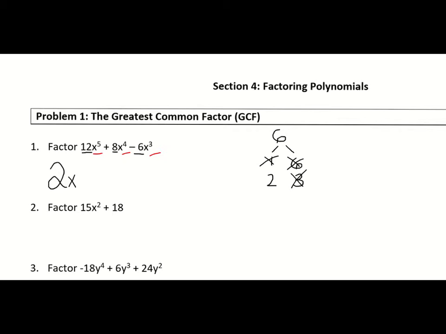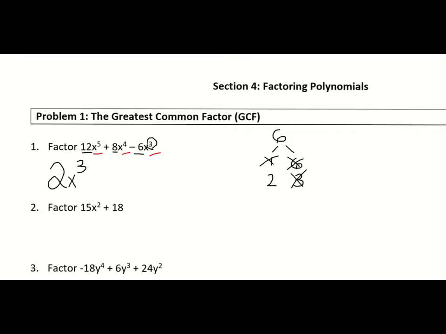When I take a variable GCF, I want to write down the smallest exponent that the terms have. If you look at our x's, the smallest number that any of the x's has is a 3. So I would say this is 2x to the 3rd as my GCF. Every term that I have can be divided by 2, and every term has at least 3 x's.